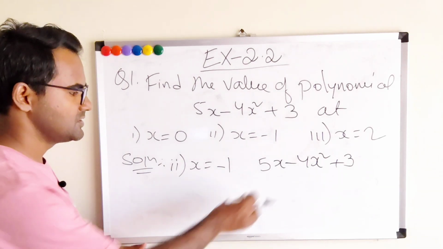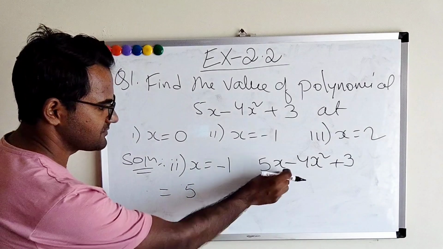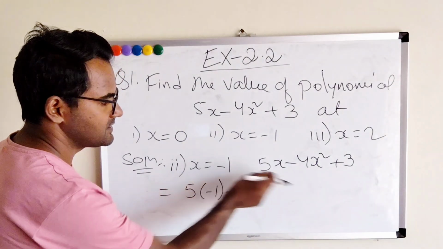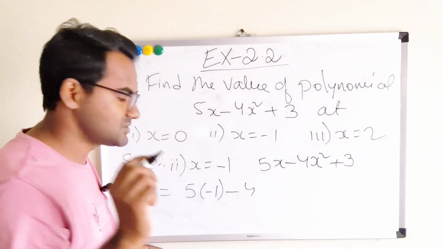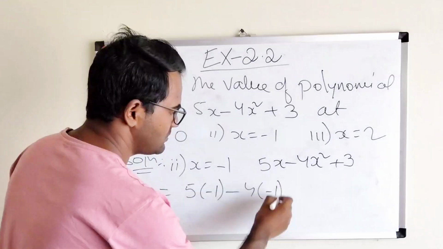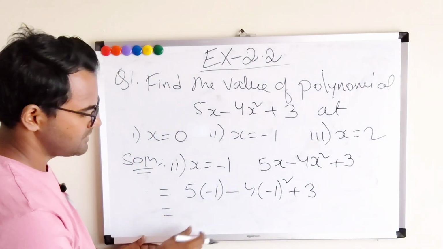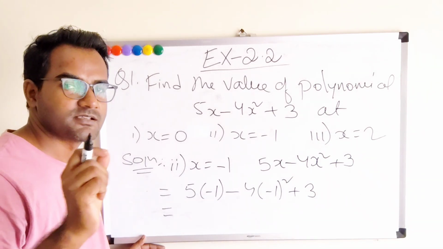Let's continue. Write down here 5. In place of x you are going to write minus 1, so minus 1 here, then minus 4, then in place of x you are going to write minus 1 again. Minus 1 whole square plus 3. So 5 into minus 1 will be minus 5.